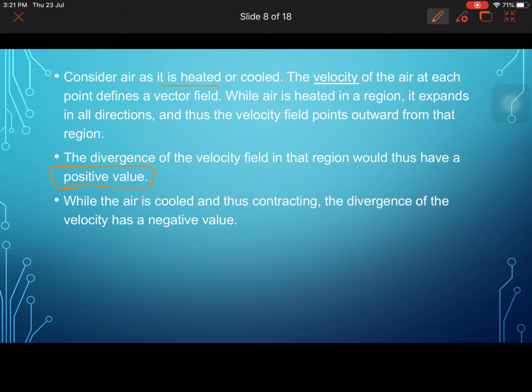Whenever during the summer the sun is overhead at a particular place, the air gets heated and starts moving away from that particular point. So the divergence value is positive, or otherwise greater than 0. When the air gets cooled, the air is cold and thus contracting.